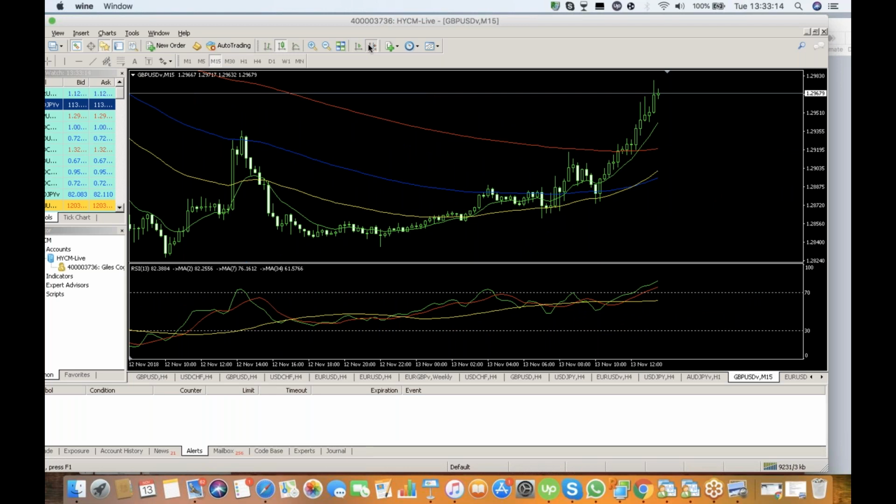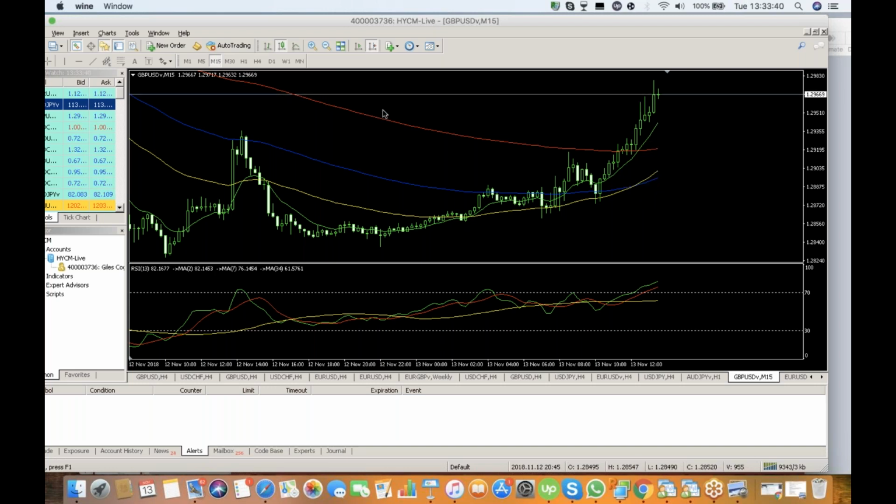Okay, the only place that could be sensible to enter would be a retest of that 200 moving average on the 15-minute chart. Can you see the way that the moving average provided support there? So it provided support here, support there, and so a return back down to this level, this 200 moving average, would offer a low risk, potentially high reward place to enter.